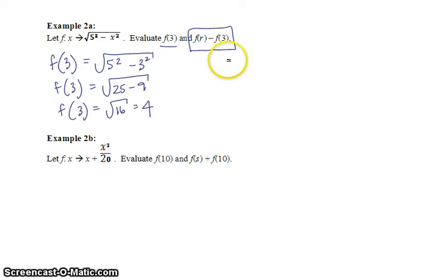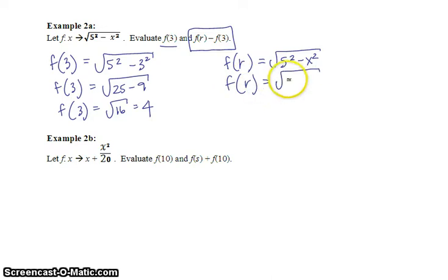So we're going to plug r in for x wherever we see x. So f of r equals, we still have that same function, 5 squared minus x squared. So let's put in r wherever we see x. I know it seems kind of strange to do that instead of doing numbers, but this works as well. We can say 5 squared minus r squared.